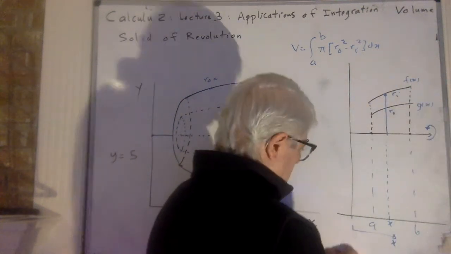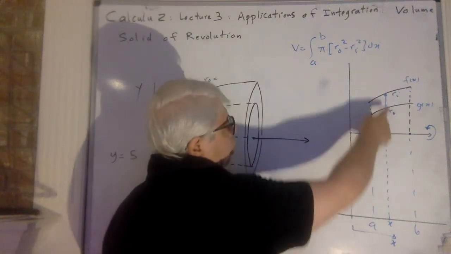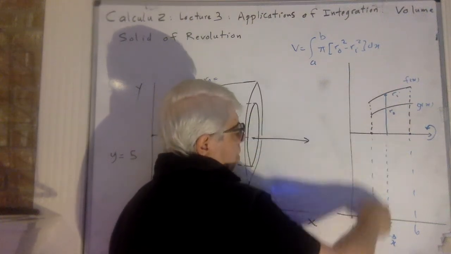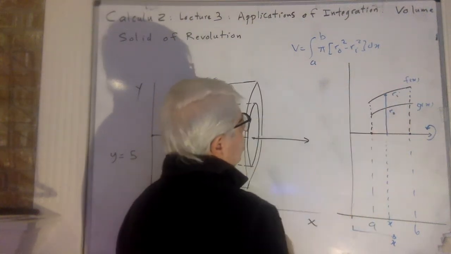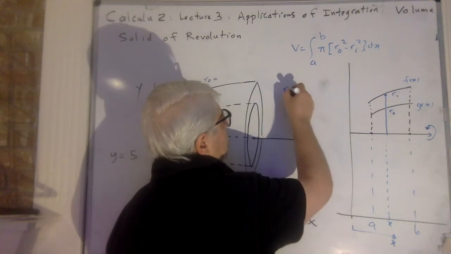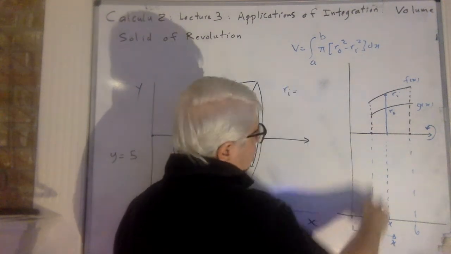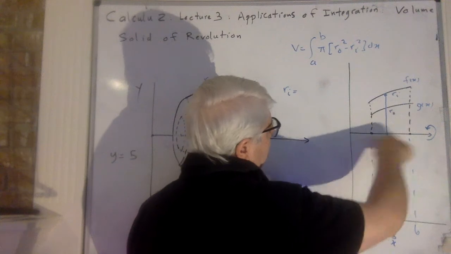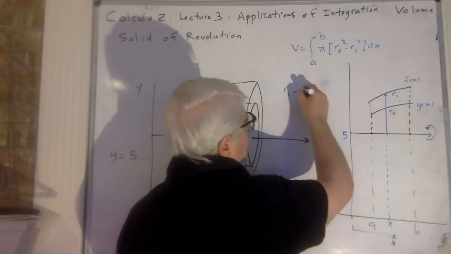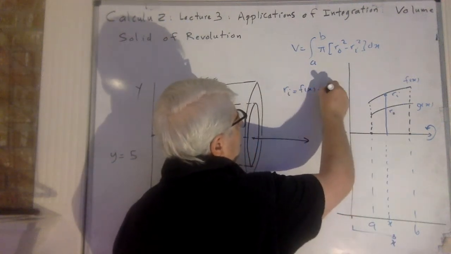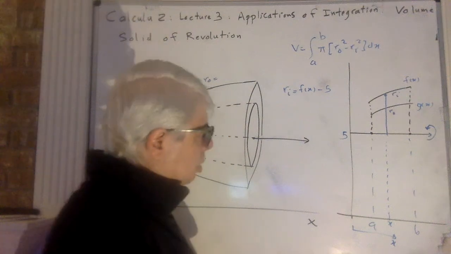So what is Ri in terms of f(x)? It's f(x) minus 5, right? This is 5.